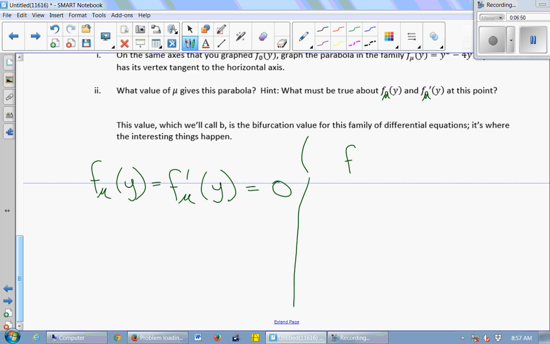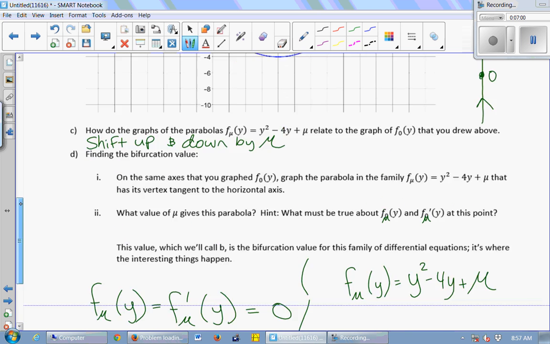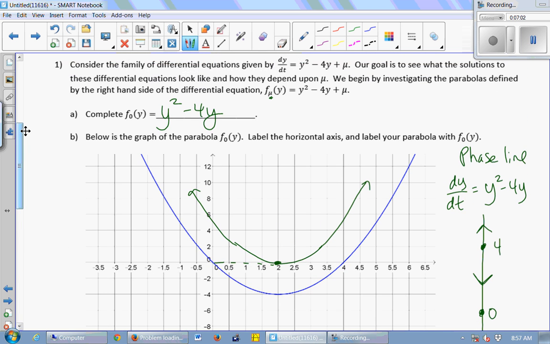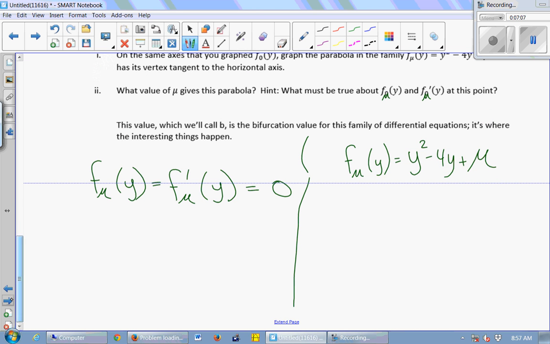So f sub mu of y was y squared minus 4y plus mu from up here. Okay, so let's look at the derivative, f sub mu prime of y. What's the derivative of this thing?